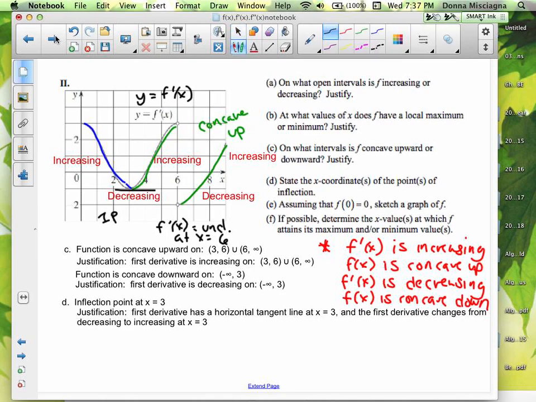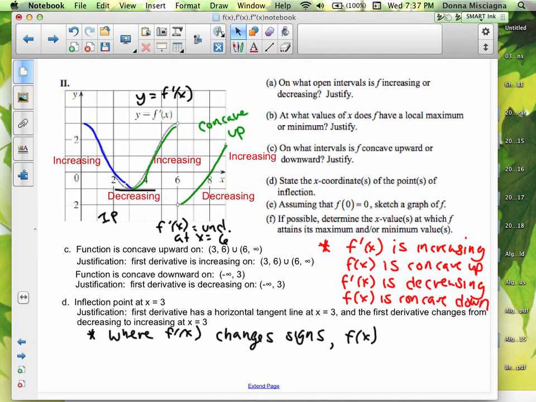So where f prime of x changes signs, I shouldn't say changes signs, that's not a good way to put it. Changes from increasing to decreasing, because we're not doing a sign chart here.